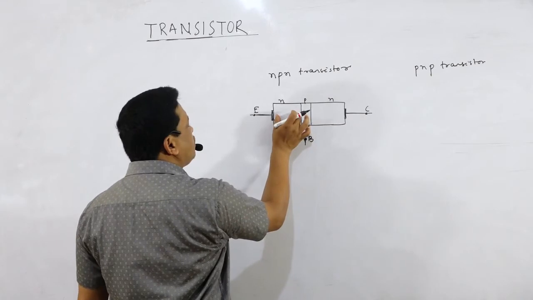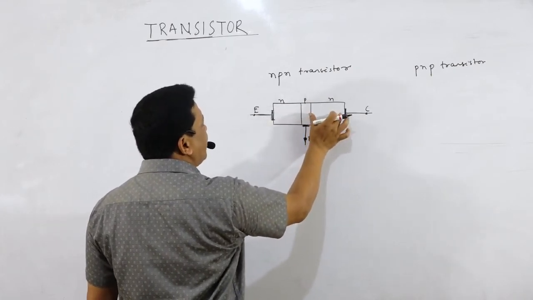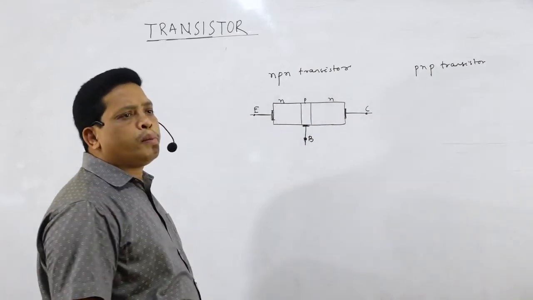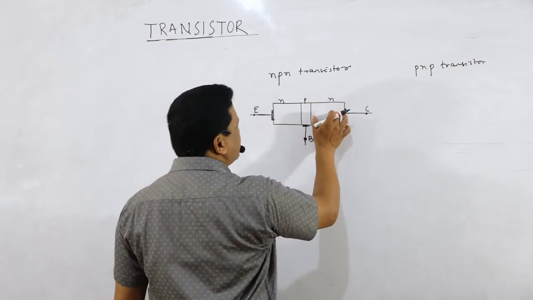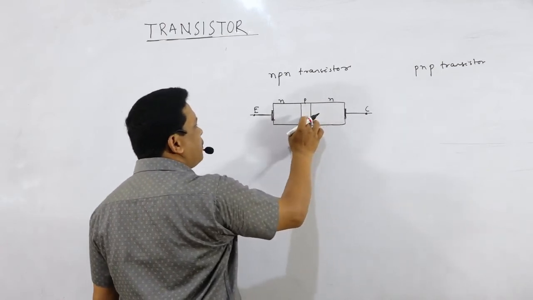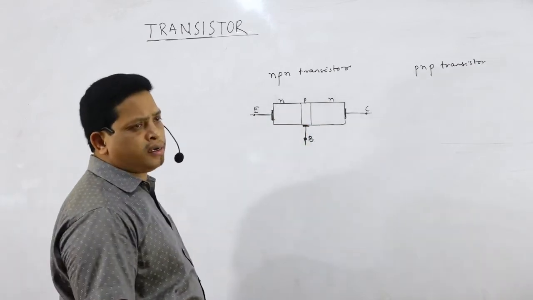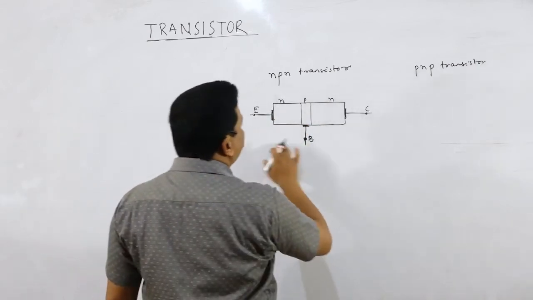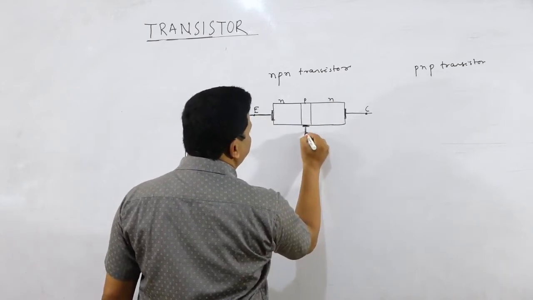Emitter is heavily doped, base is very thin and lightly doped, and collector is moderately doped. The thickness of collector is maximum, thickness of base is minimum, and thickness of emitter is moderate. So this is the NPN transistor schematic diagram.